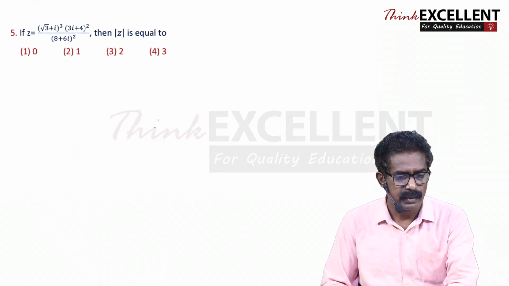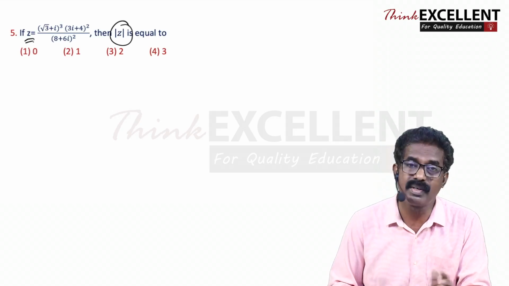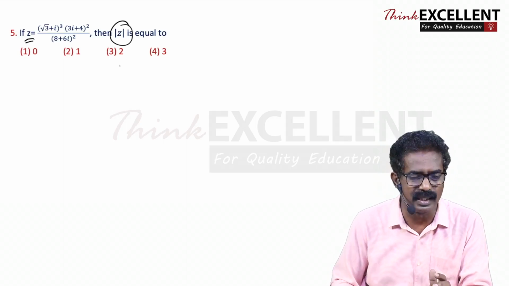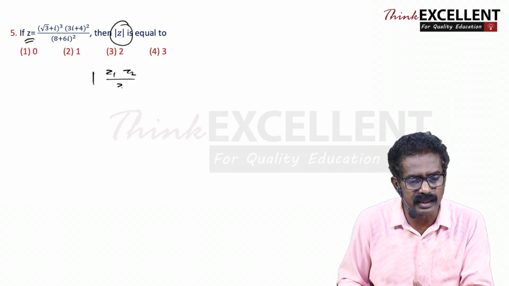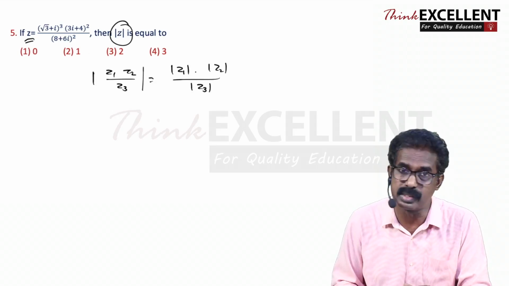Listen, the fifth question. Find modulus of Z. So this is Z. They asked to find modulus of Z, right? So you take the modulus of every term separately. Modulus of Z1 into Z2 by Z3, that type, you can write modulus Z1 into modulus Z2 by modulus Z3, provided the denominator is not equal to 0.